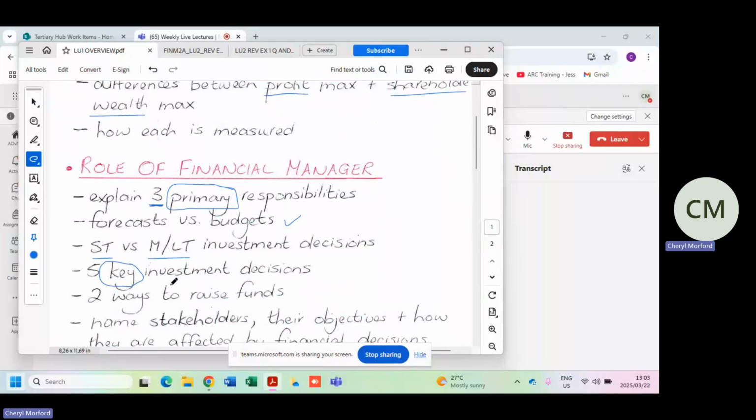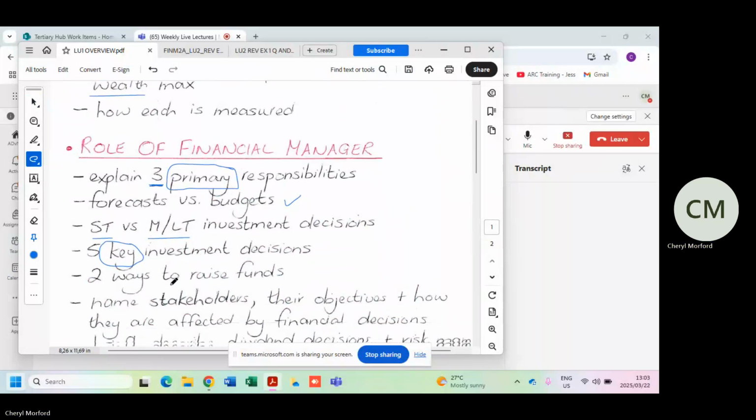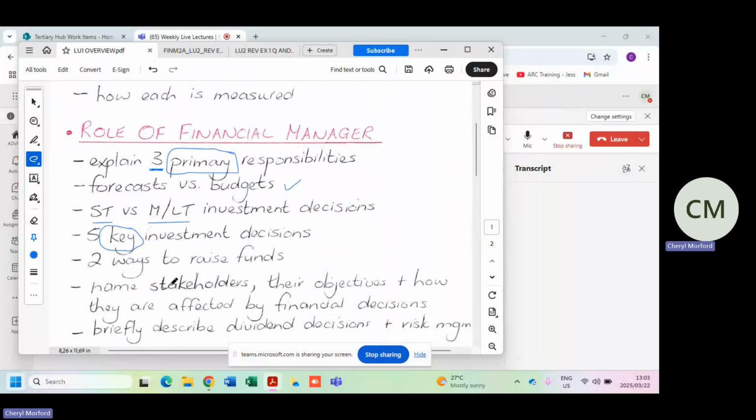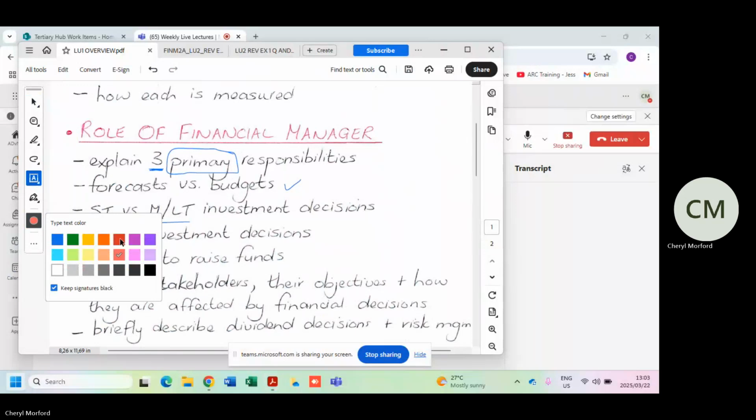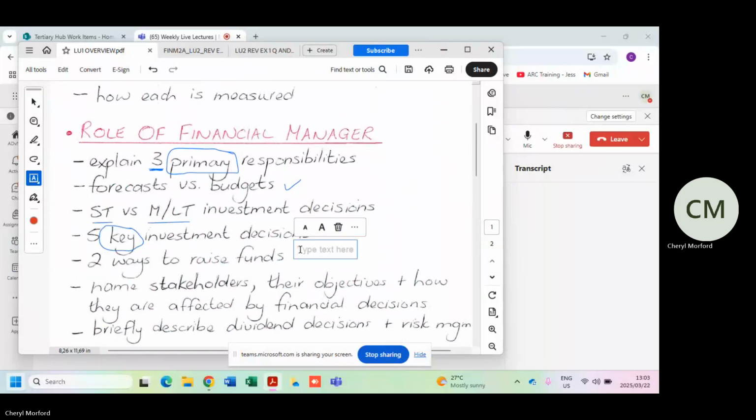Then comes financing decisions. So how is a business going to obtain the funds to finance the business? So there are 2 ways. I will just type them up here quickly for you. I'm just going to make it a bit bigger, sorry, it's a bit small.